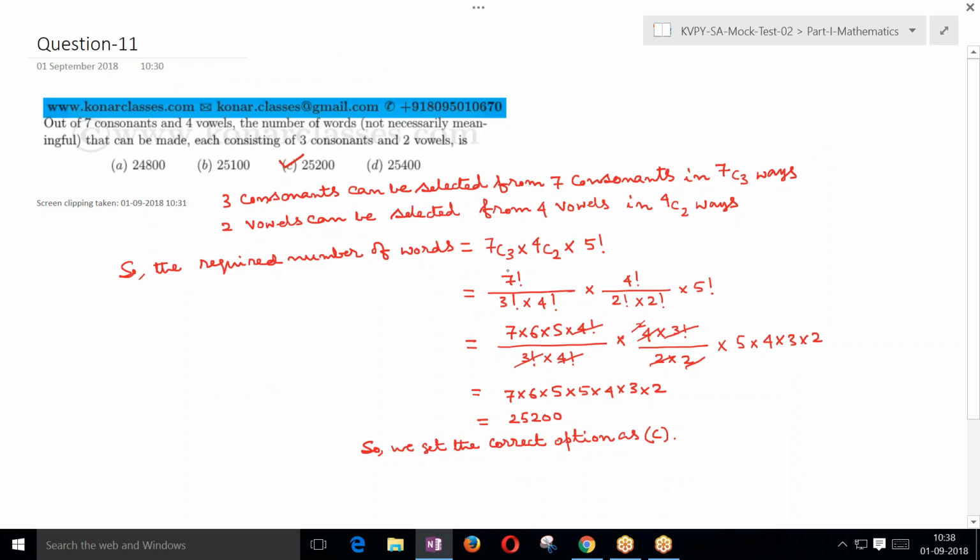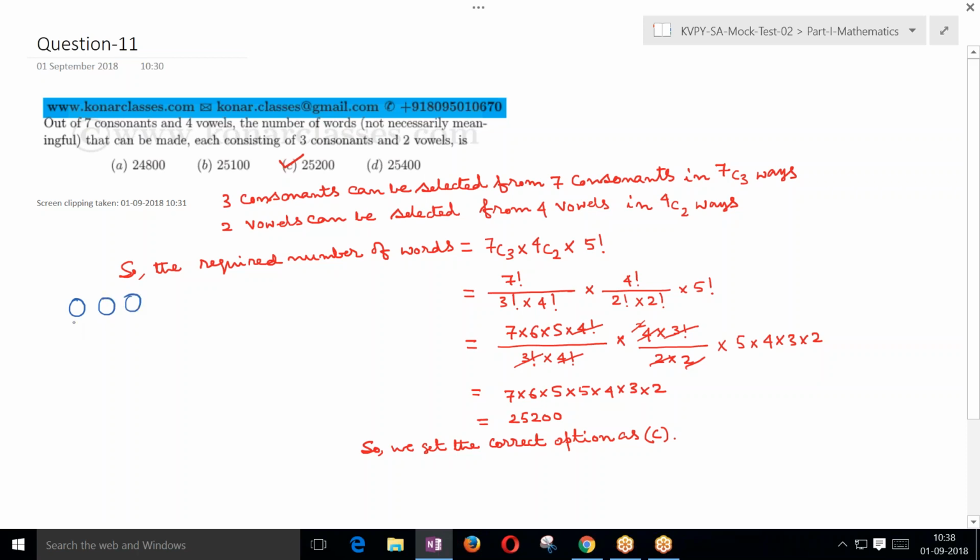Permutation is all about arrangement, and combination is all about selection. This you need to cover for KVPY. It is extremely important. Suppose there are 3 balls.